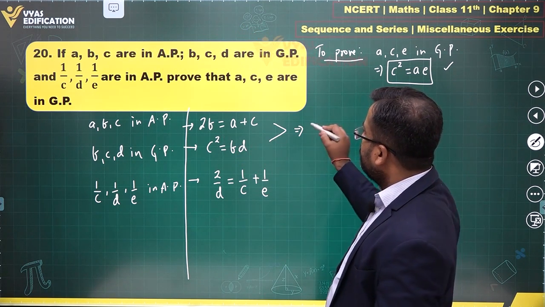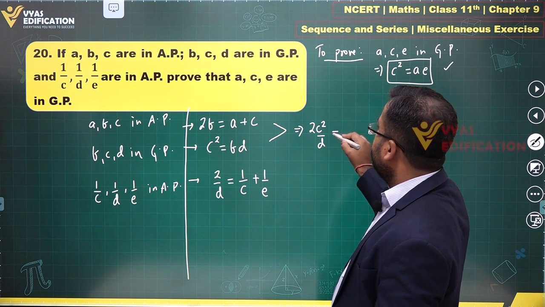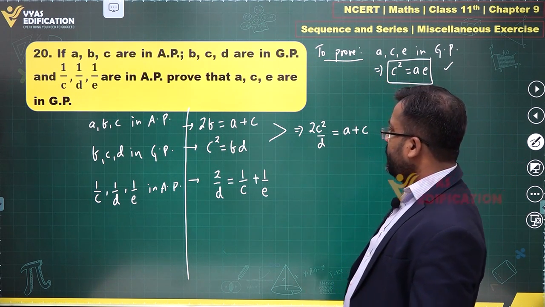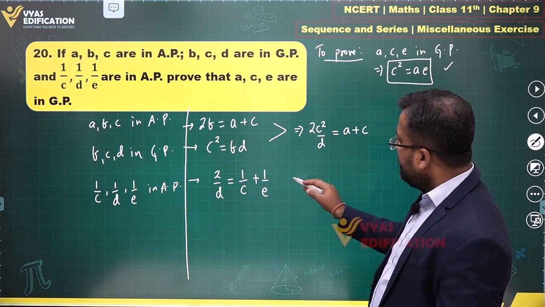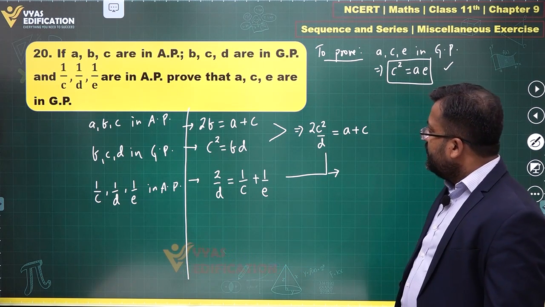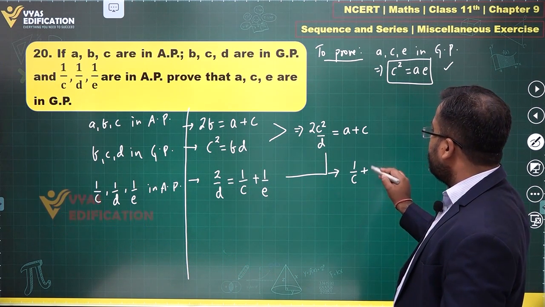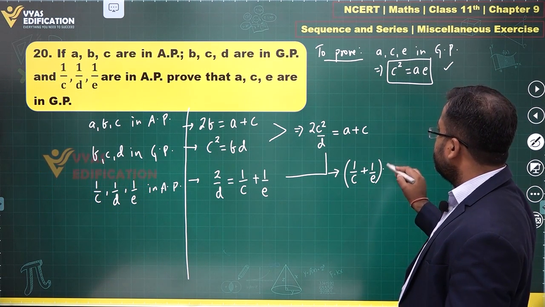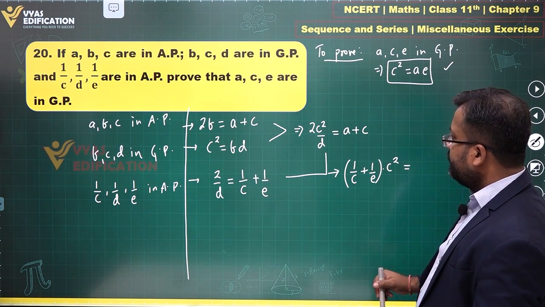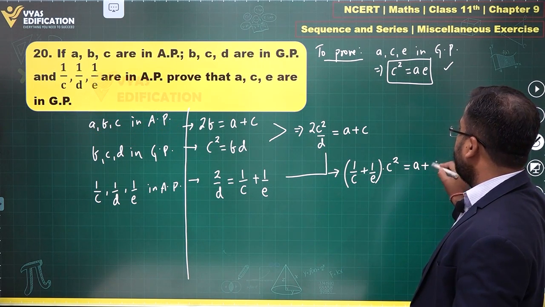So this is 2b. b is c square upon d is equal to a plus c. Then I can eliminate d between this and this. So 2 upon d is 1 upon c plus 1 upon e, times c square, that is equal to a plus c, as you can see over here.